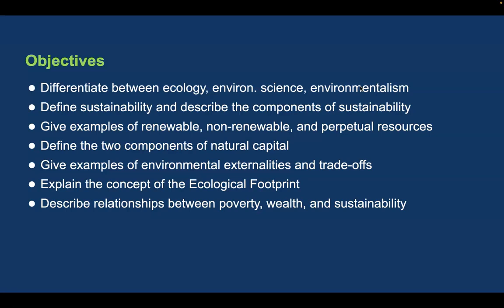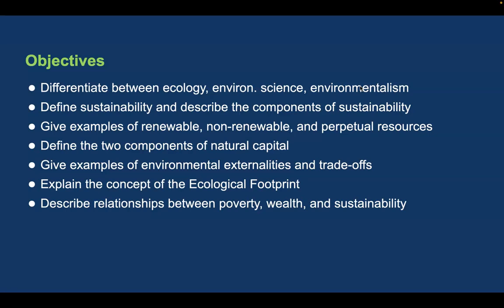So for our objectives for this lecture, the first one is going to be to differentiate between ecology, environmental science, and environmentalism. And the second one is going to be to define sustainability and describe the components of sustainability. I'm going to give examples of renewable, non-renewable, and perpetual resources.